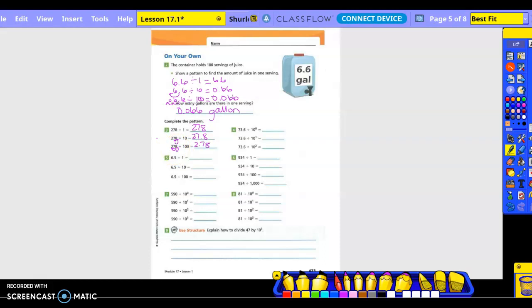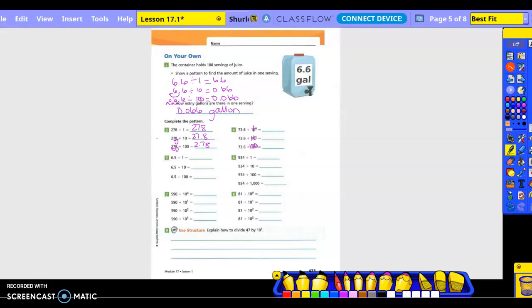Okay. What we're going to do in these lessons is change all the exponential forms into unit or whole numbers. Okay. So 10 to the 0 power is what? 1. 10 to the first power is 10, and 10 to the second power is 100. So on dividing, am I going to the left or to the right?